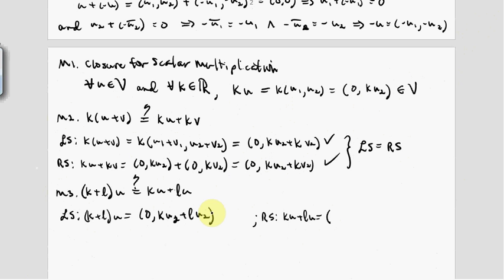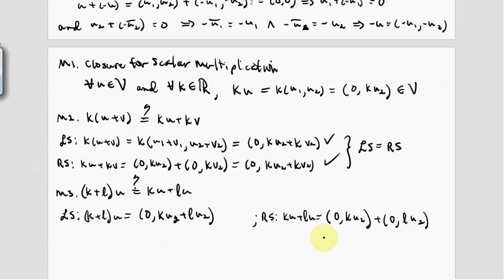Good. Now watch this. This is k, because that's the scalar, scalar k times this vector, this is 0, k, u sub 2, plus, now l times u, this is 0 times l, u sub 2.